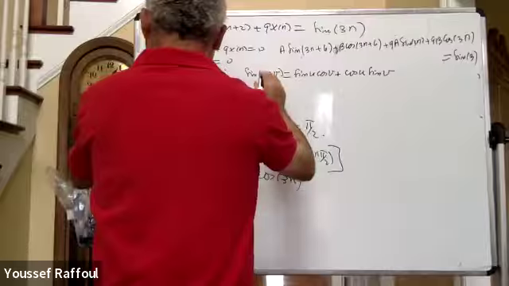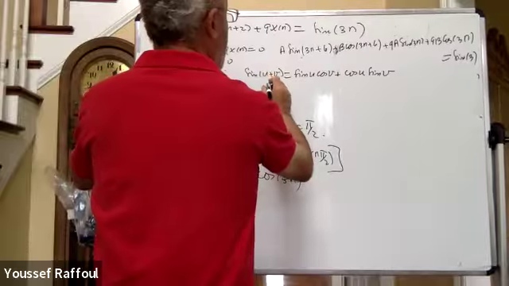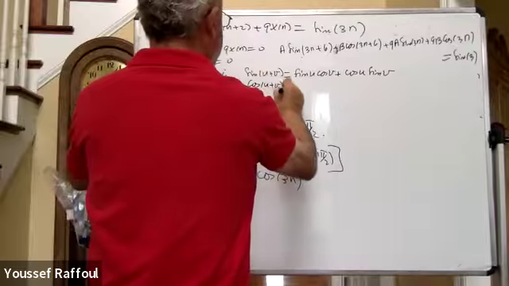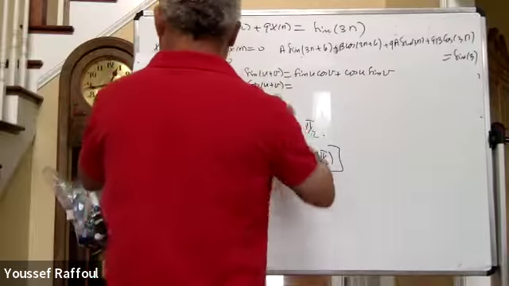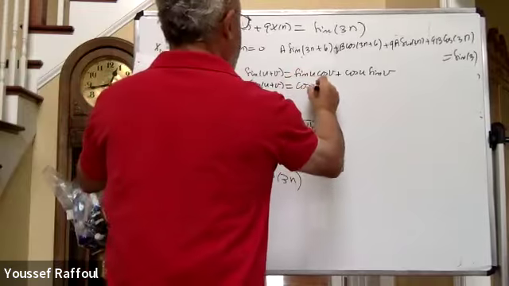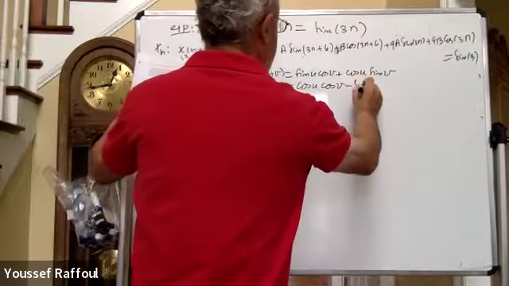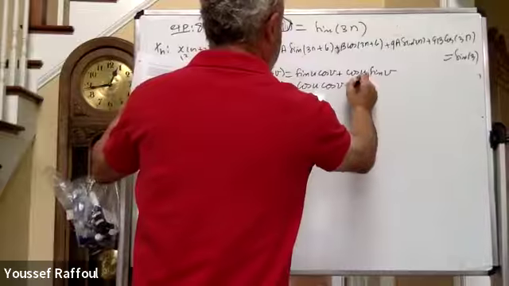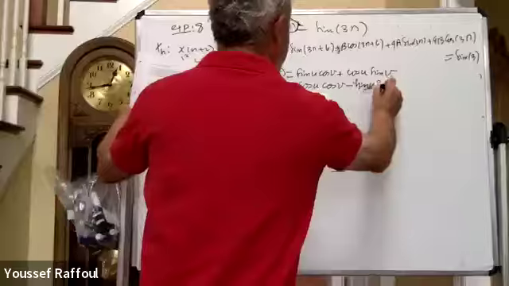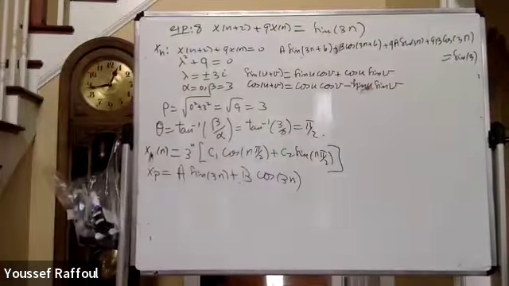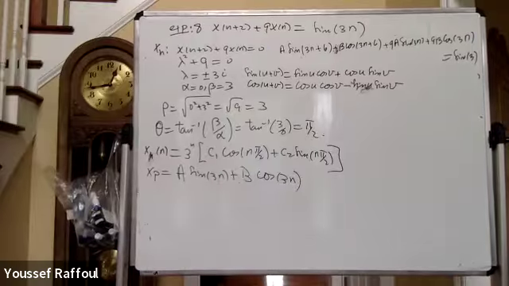And we are going to use cosine of u plus v, that is cosine u cosine v minus sine u sine v. Okay, you've got to use both. All right.